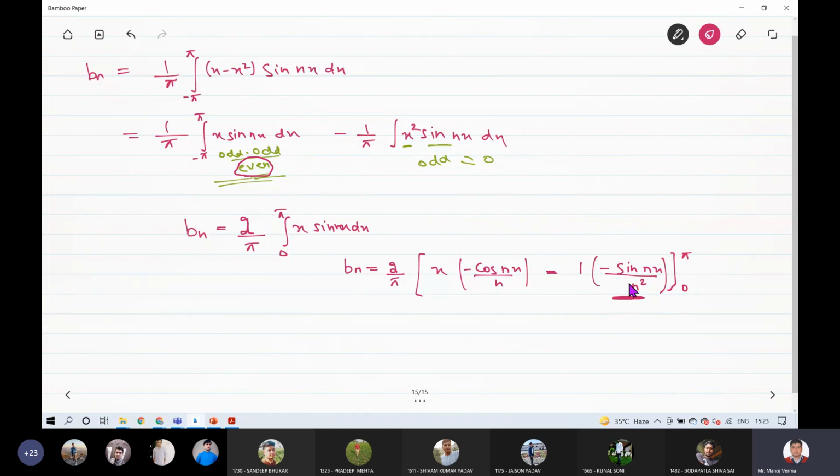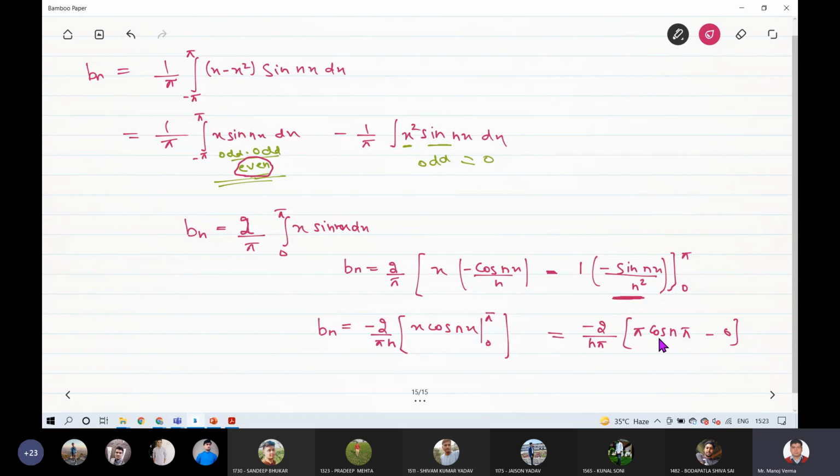So you can just leave this term, and if you insert the limits in the first term, that is okay, n also comes outside, minus also comes outside, this will be x cos nx in limits 0 to pi. So minus 2 over n pi, it will be pi cos n pi minus 0.